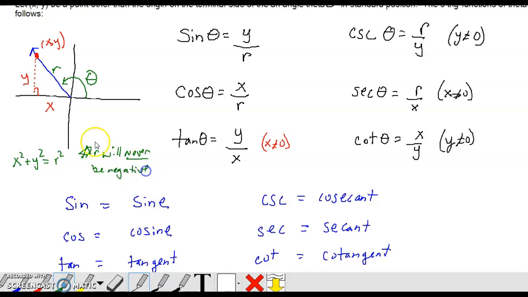You're always talking about the hypotenuse and the distance. So our r is always going to be positive. We can potentially get a negative for x. We can potentially get a negative for y. So we do want to pay attention to what quadrant we're dealing with.